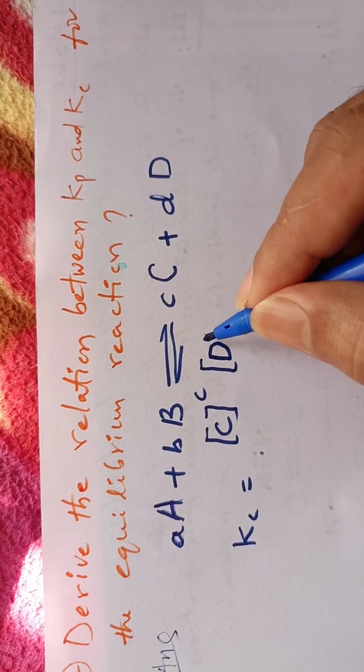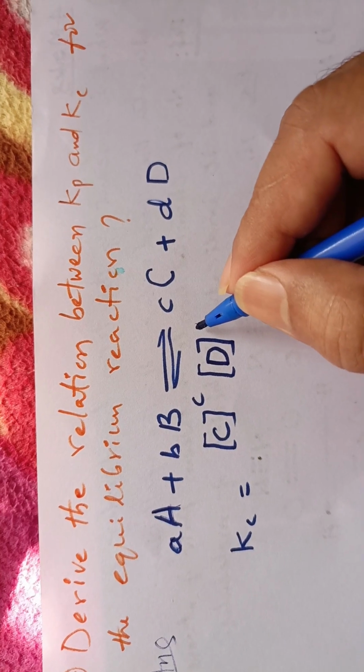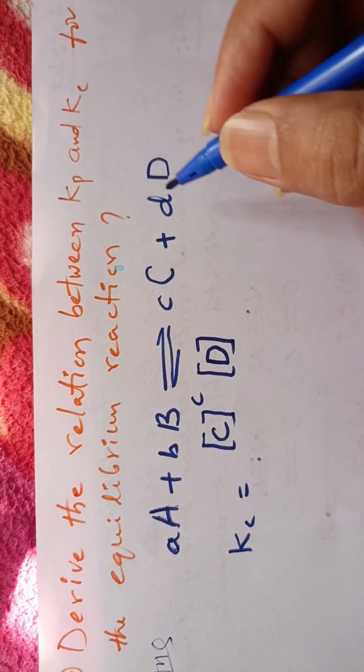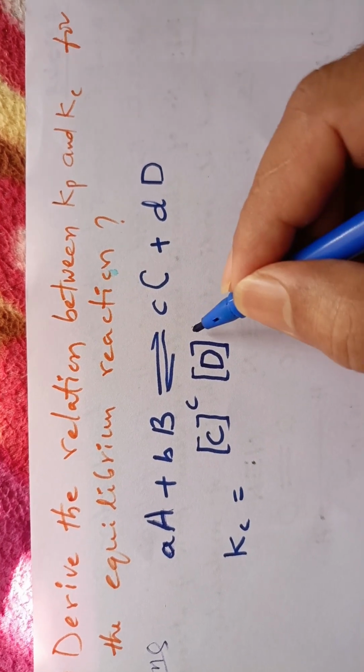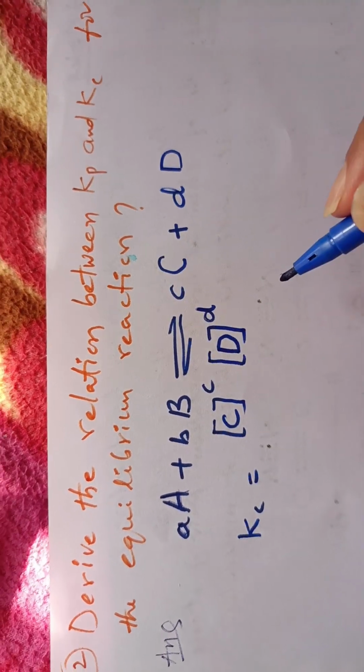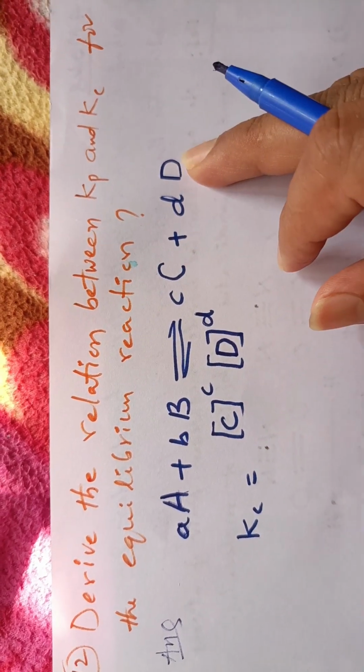If you write square brackets, it is the concentration of D, and the power is the coefficient of D. So these are the two products, C and D.